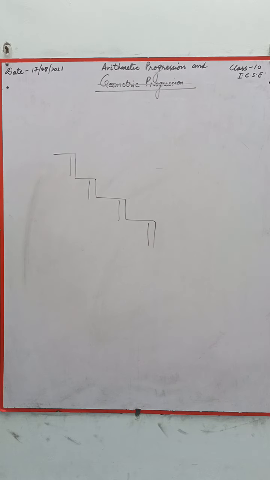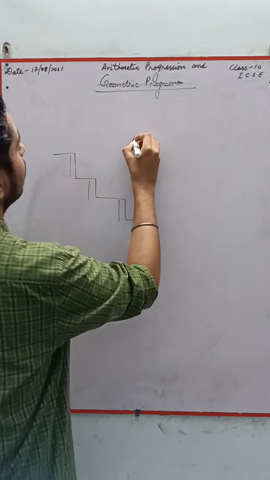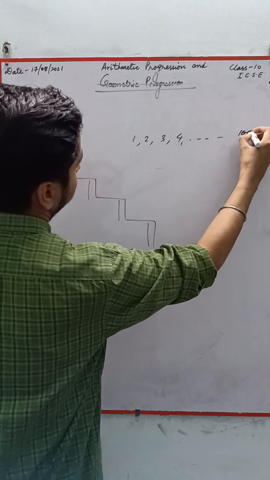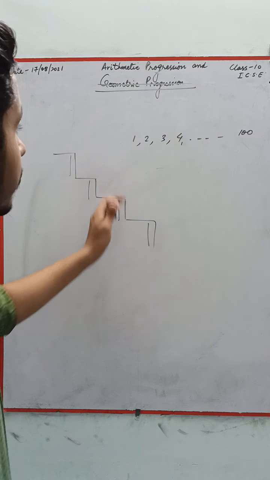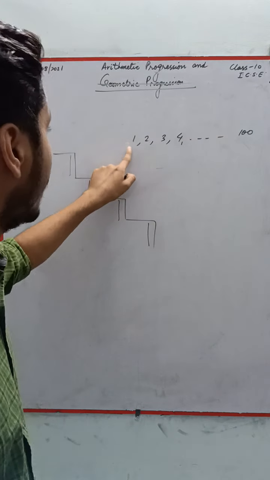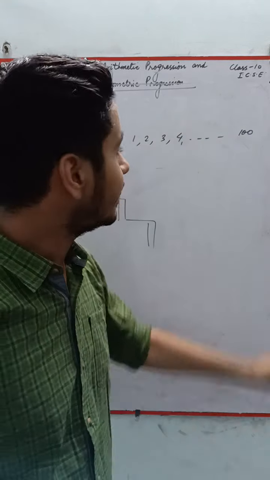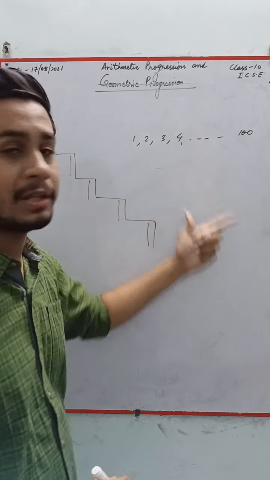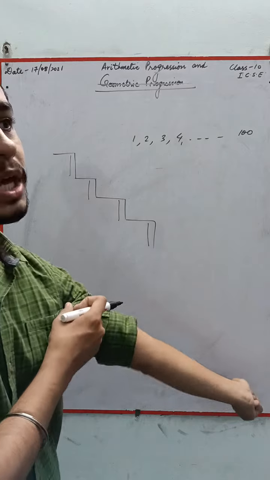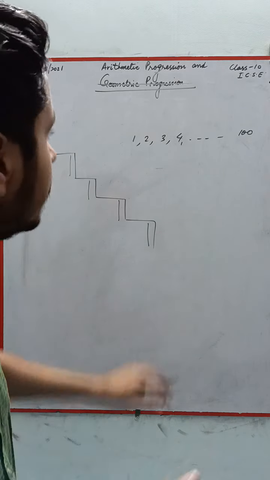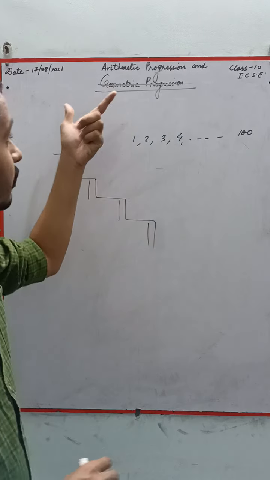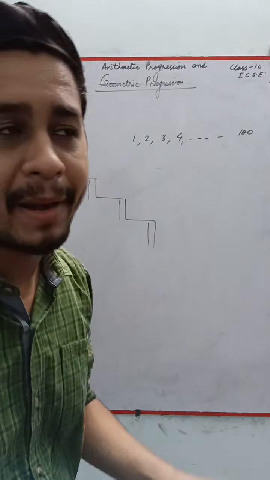For example, if I write 1, 2, 3, 4 and so on up to, say, 100, we know these are the natural numbers starting from 1 and ending on 100. This is also an example of arithmetic progression, because with the common difference of 1, this series is progressing. That is what we are going to study. This is a very practical chapter.